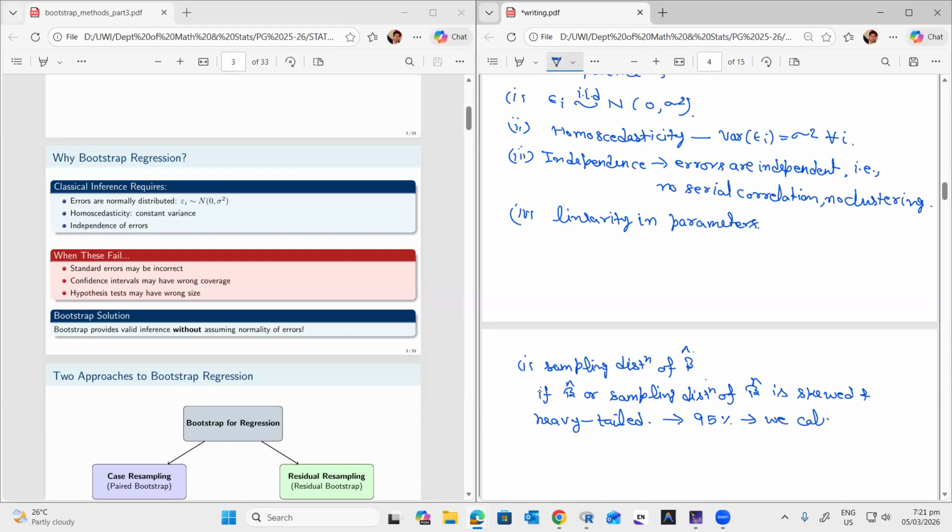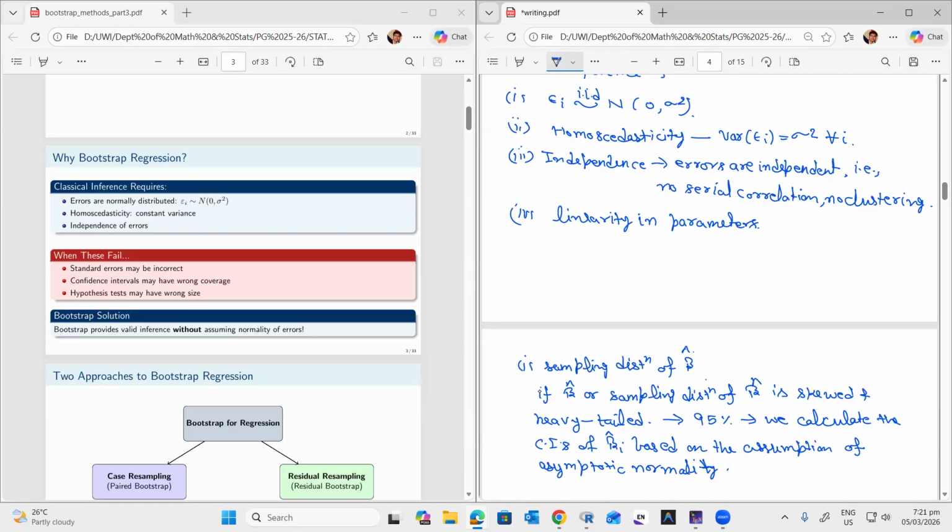So we calculate the confidence intervals of beta i's based on the assumption of asymptotic normality.